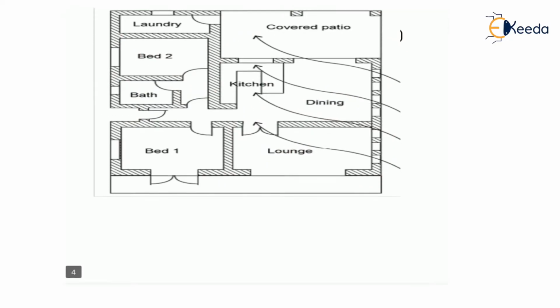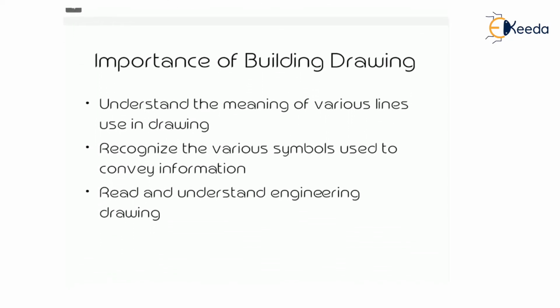Okay. Now we can see the importance of a building drawing. Understand the meaning of the various lines used in a drawing. What does it mean? Drawing is made up of different types of line. To understand the drawing, we must know about the various types of lines and the applications of those lines.